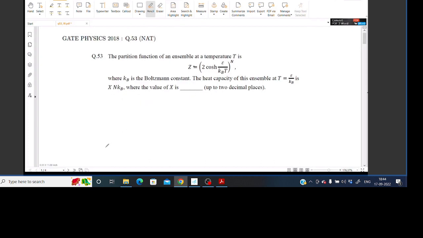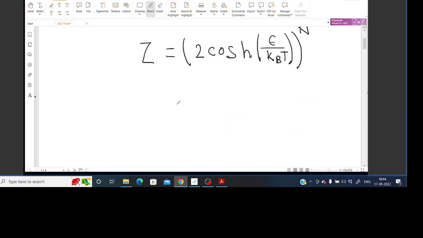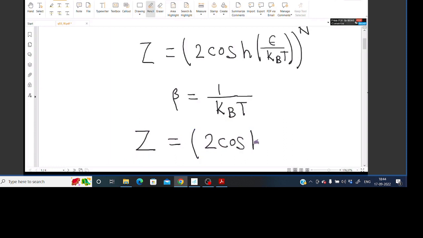Let's solve this question. Z equal to 2 cosh(epsilon by kBT) whole to the power n. Let's assume that beta equal to 1 over kBT. So this Z can also be written as 2 cosh(beta epsilon) whole to the power n.